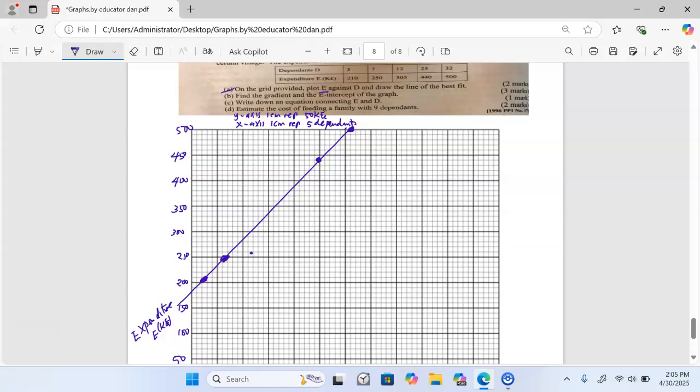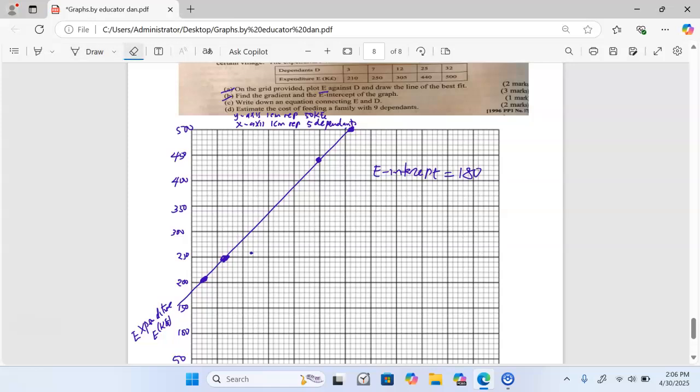After doing part A of the question, B is getting the gradient and the E-intercept. The E-intercept is the same as our y-intercept. We look at where the line intersects with the expenditure axis, which is our y-axis, and in this case it is 180.